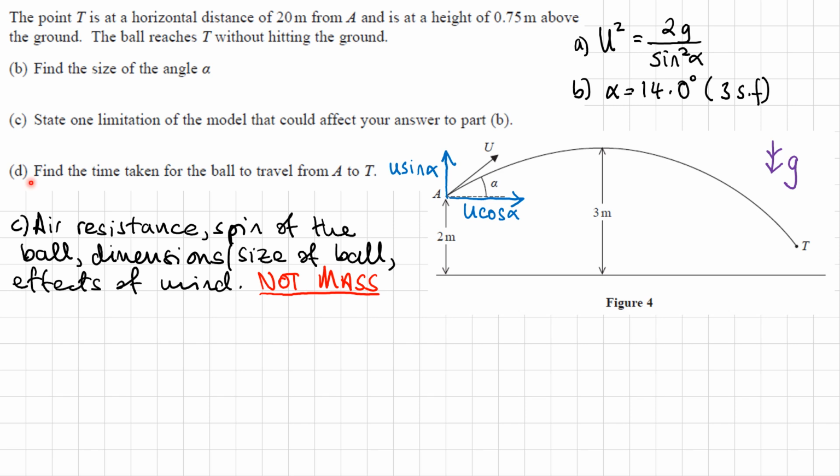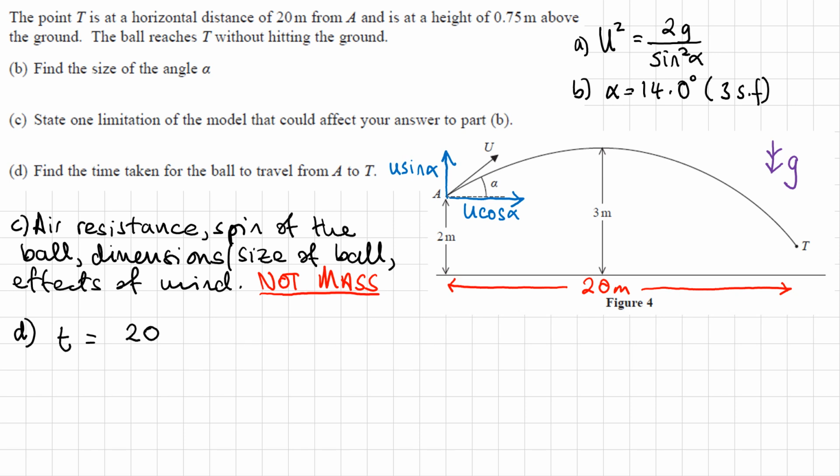And lastly, part D, find the time taken for the ball to travel from A to T. Okay. Now I think the easiest way to do this is to use the horizontal, because we're just dealing with speed, distance and time. So I can say that the time taken is going to be equal to the distance.